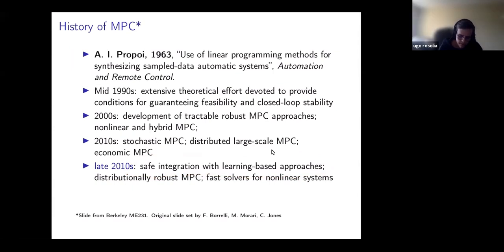And in particular, in this research thread, the keyword is safety. So when we use historical data to learn the system dynamics, we have some model mismatch between what we plan and what actually happens in closed loop. And so people are doing research to see which are the sufficient conditions that guarantee that we don't violate our safety constraints.